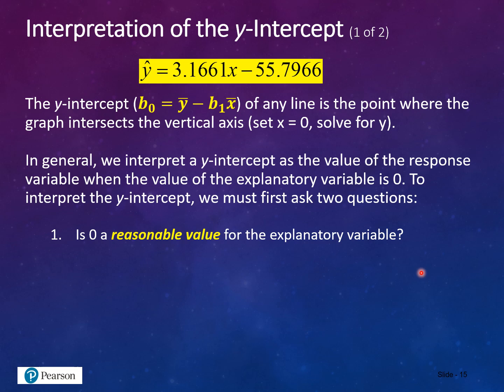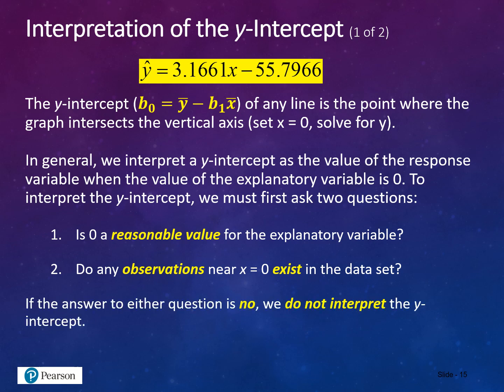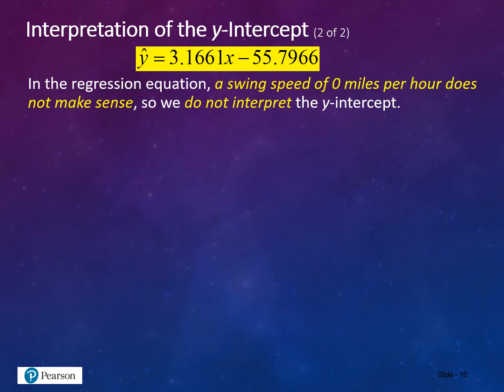When you think contextually about what the explanatory variable is, is it possible to reach a value of 0 in whatever you're observing? And second, are there actually any observations near that variable equaling 0? Did you take any observations that were close to a 0 value for that explanatory variable? If the answer to either question is no, then we do not interpret the y-intercept.